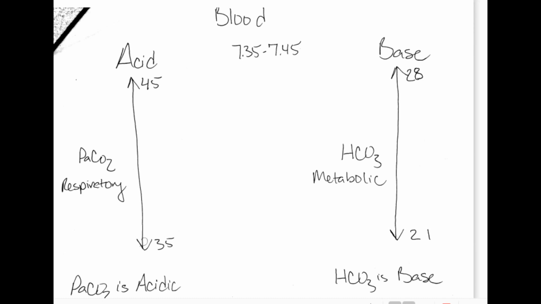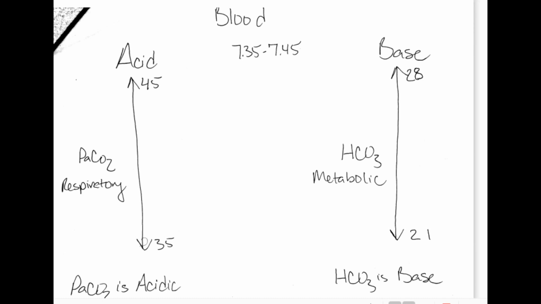Now I've placed your carbon dioxide on the left, and I've placed the bicarbonate on the right to correlate with acid and base. Now we know that your carbon dioxide is naturally acidic. So 35 to 45 is just right, the amount where this won't throw our pH completely off and drive us to the left, or decrease our pH to where we're acidic.